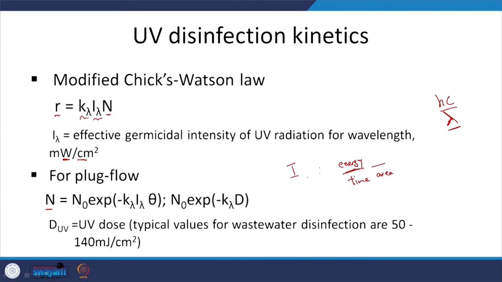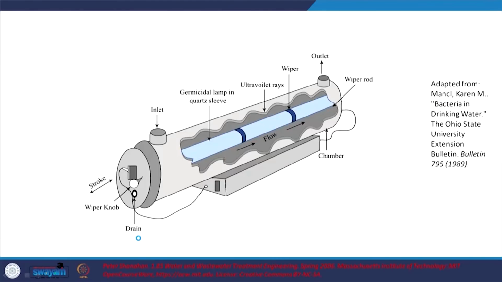If I multiply that by theta, or the time, I into theta will be energy per area, which is called the dose. That is what we have, UV dose, 140 millijoules per centimeter square. So all those people who sell random UV lamps, you need to be concerned about what is the intensity, how much is the contact time it will achieve, and is there uniform distribution of that UV intensity. Without that, the chamber is just junk.